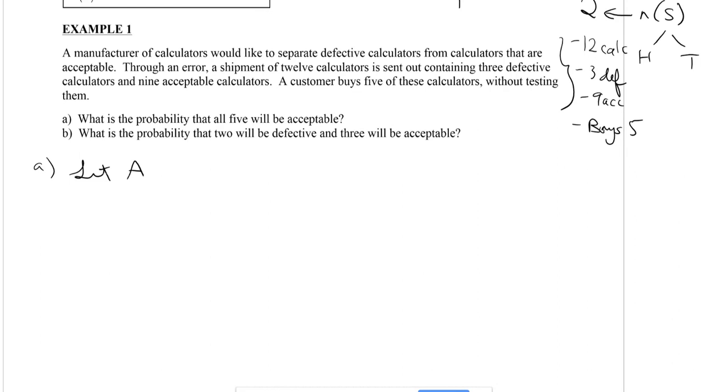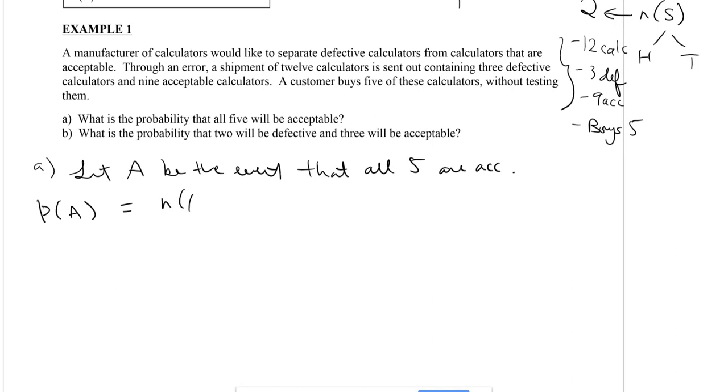Okay, so let A be the event that all 5 are acceptable. Okay, so that's pretty straightforward. So if I want to express my probability, I need to write it as the number of desired outcomes over all possibilities.